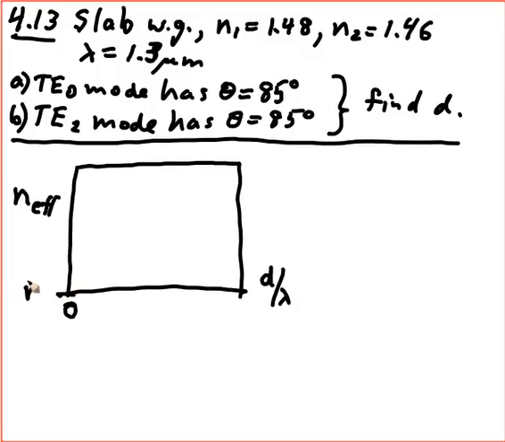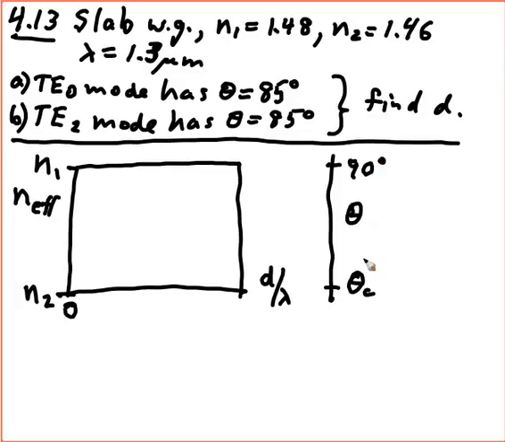And n effective ranges from a low of n2 all the way up to n1. And you can also think of this vertical axis as mapping theta zigzag ranging from theta critical all the way up to 90 degrees.